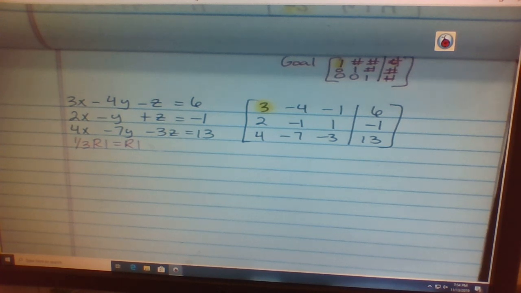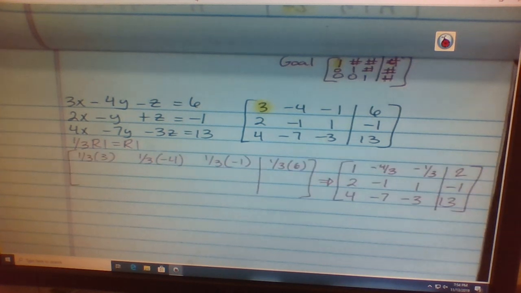Go to math, enter on your calculator and it changes it to a fraction. All right, so I did the first operation and that is what I got.